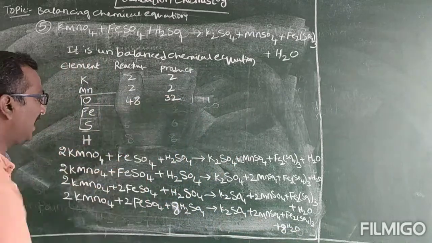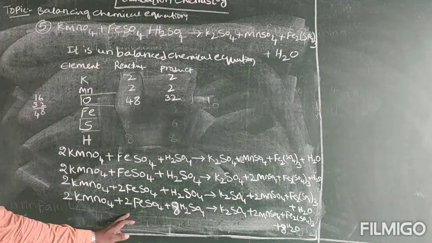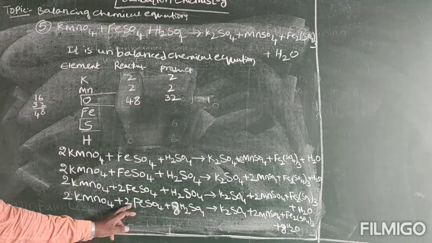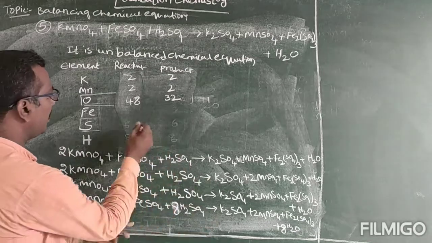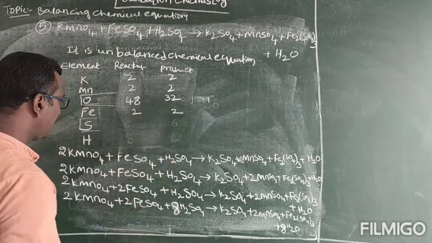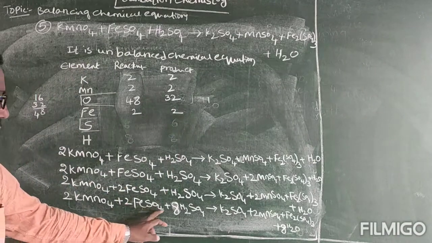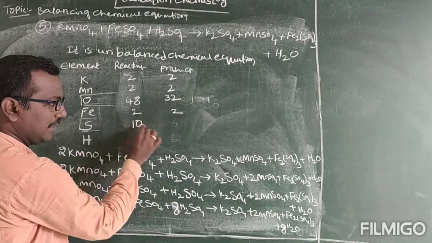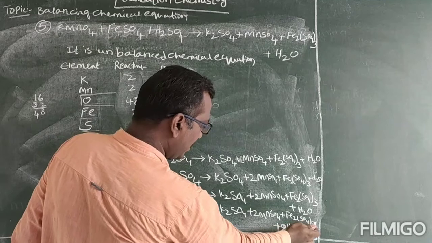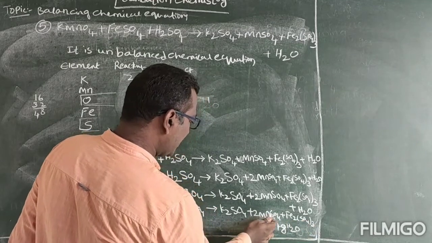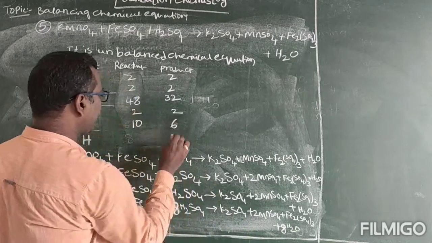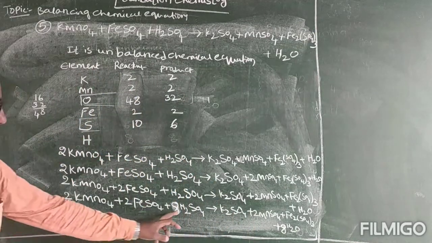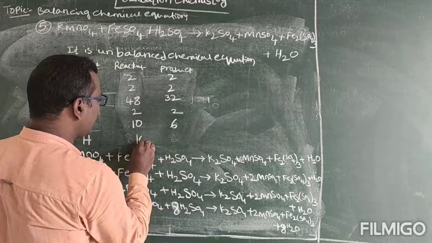Still 4 is balanced. Next, iron, 2 irons here, there also 2. Sulfur, now here 2 plus 8, 10, but here how many? 3 plus 2, 5 plus 1, 6 only, and hydrogens 8 2s are 16, 8 2s are 16.